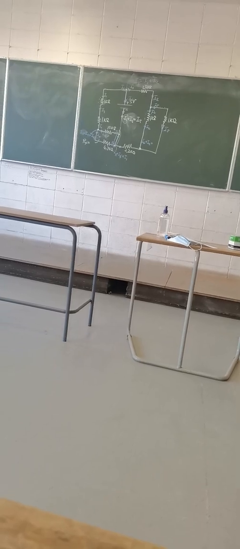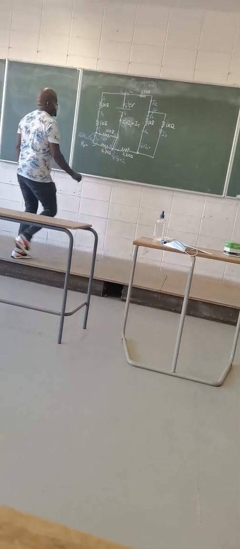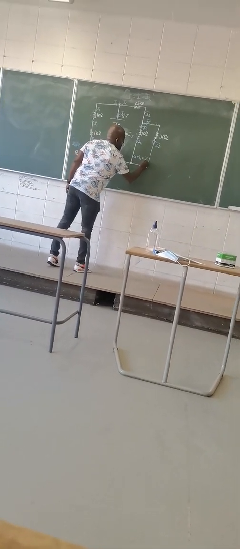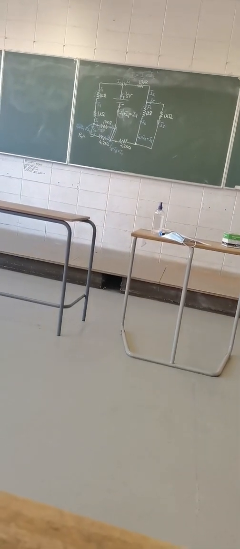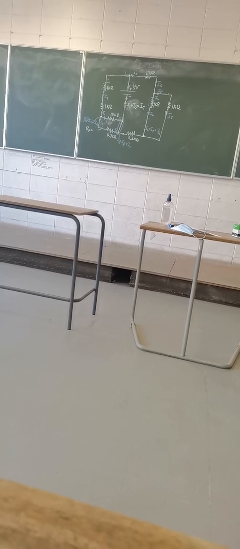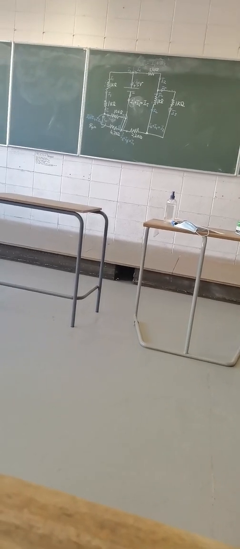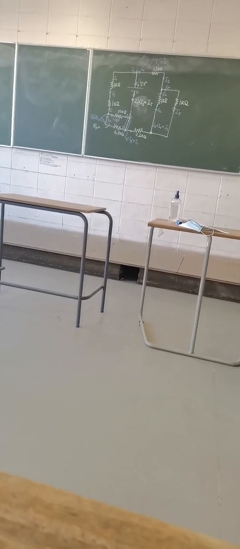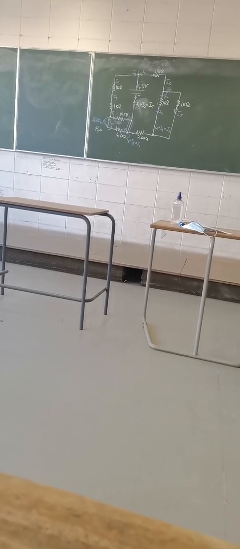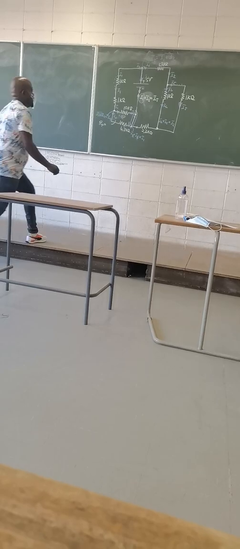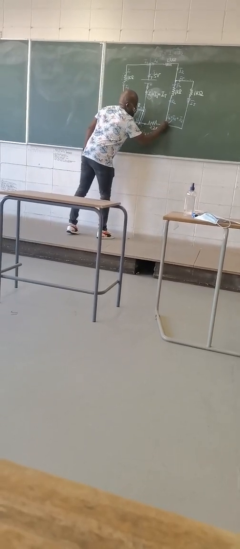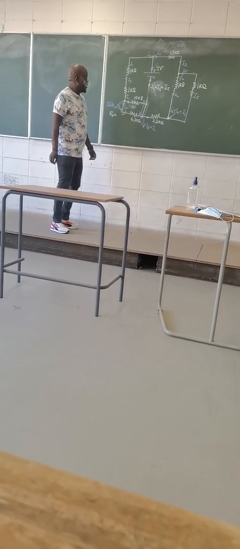Which one is leaving the junction? It is I2 which is leaving the junction. Up to so far, do you understand? So, which means here, that is according to that one there.